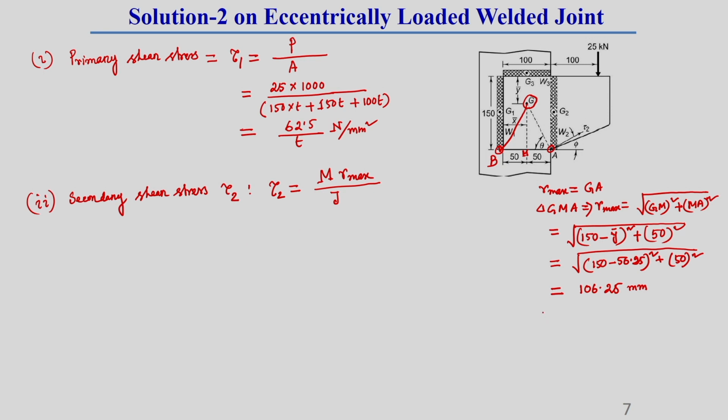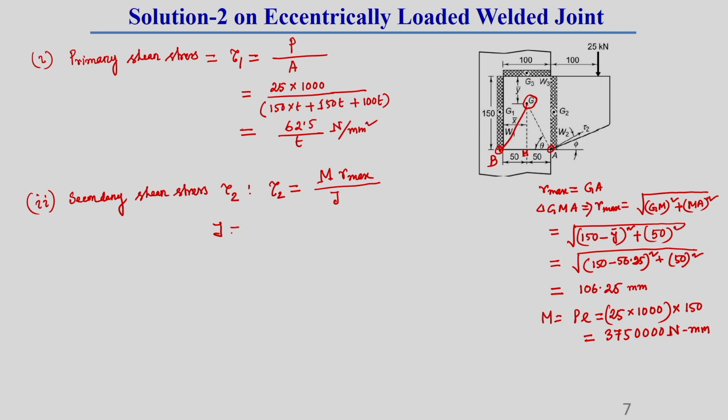What is M? M is equal to P into E, this is also known to us. P is 25 kilonewton, 25 into 1000 in Newton, and E is equal to 150. So, this P E we are getting as 375,000 Newton millimeter.